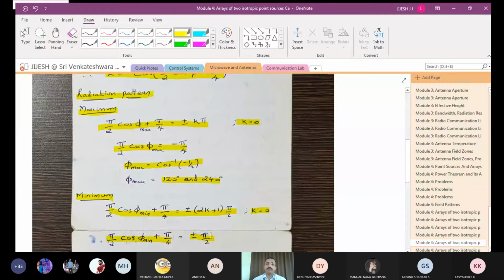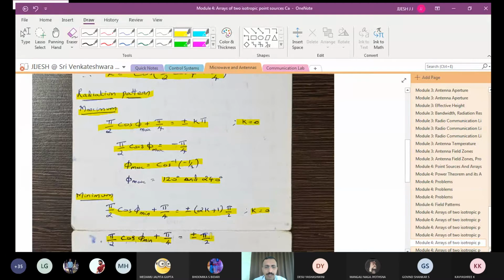So we have found the maximum value using the equation pi by 2 cos phi max plus pi by 4 is equal to plus or minus k pi, and we got it as 120 and 240.